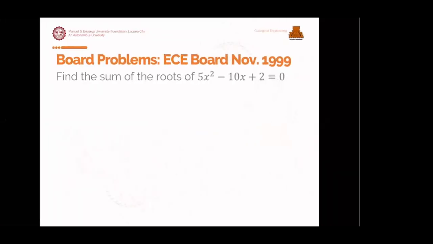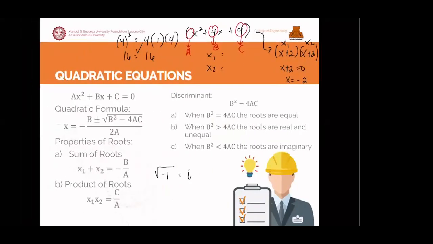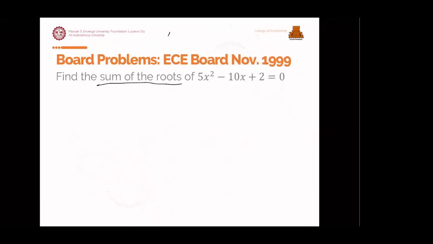Next. Find the sum of the roots 5x squared minus 10x plus 2. Sum of roots yung hinahanap. Na-discuss natin kanina, ang formula ng sum of roots is negative b over a lang. Pag na-identify natin yung value ng b at ng a, substitute natin doon, makukuha na agad natin yung sum ng roots.